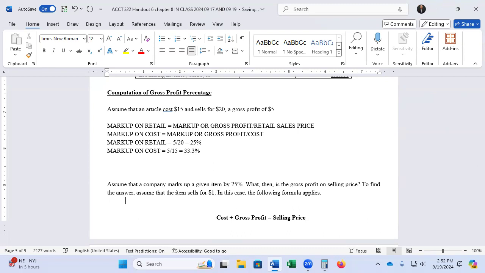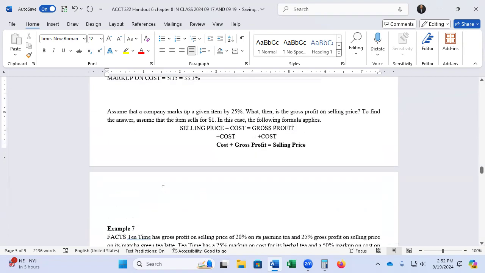Selling price minus cost would give me my gross profit. So all we've done is move cost to the other side, adding plus cost here and plus cost here. And so we get cost plus gross profit equals selling price.